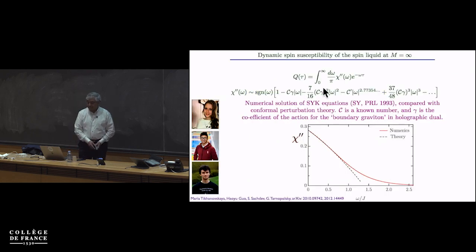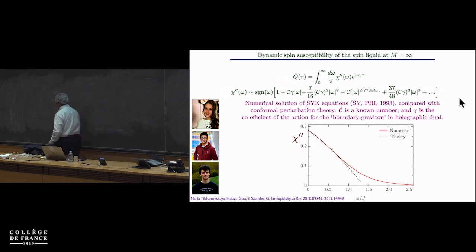So now, in fact, we can test this numerically. This is work done by Maria Tikhanovskaya and Haoyu Guo and former postdoc Grigory Tarnopolsky. So the red line here is the dynamic spin susceptibility obtained by just solving the equations that Antoine has already put on the board. You've seen many times by this point.